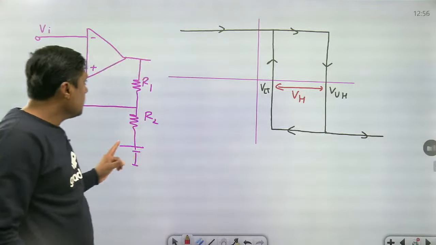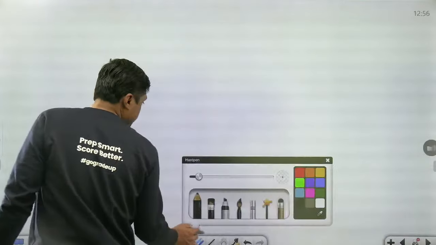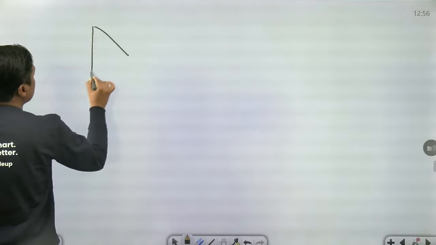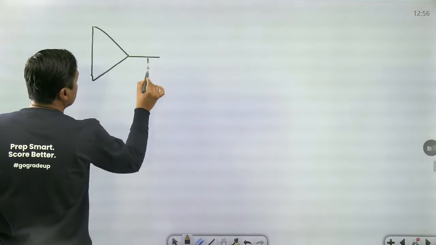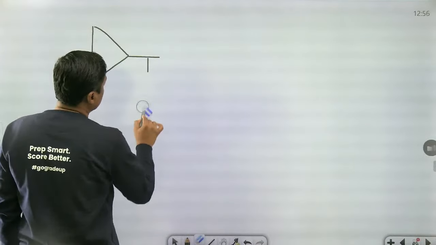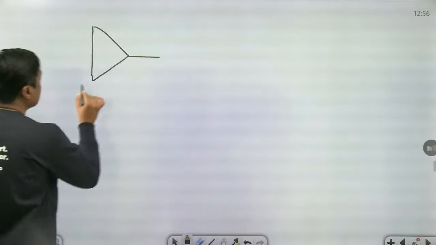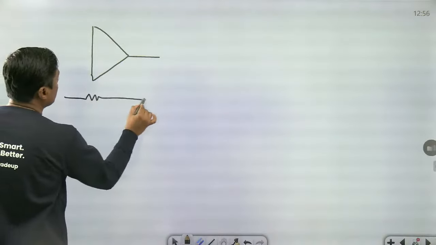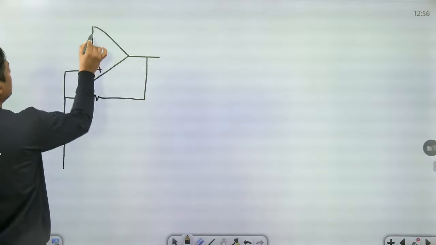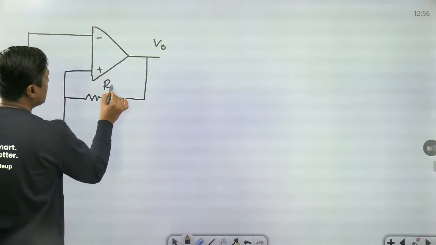Then second one, if this type of connection, right, this is a positive feedback, plus, but this point is connected to ground, and this is R2 and this is R1.